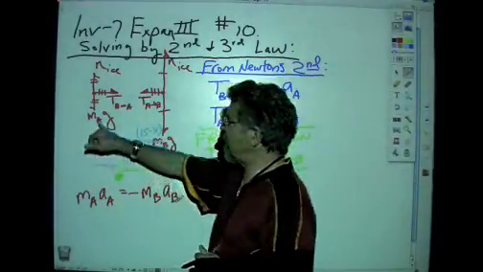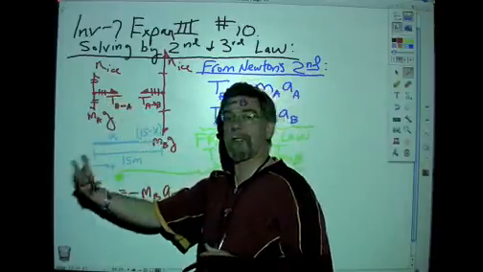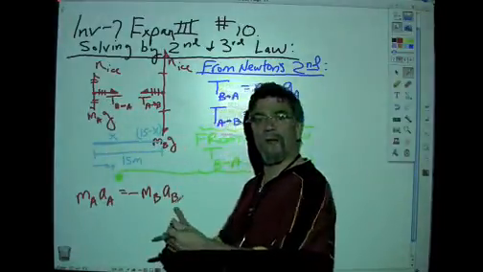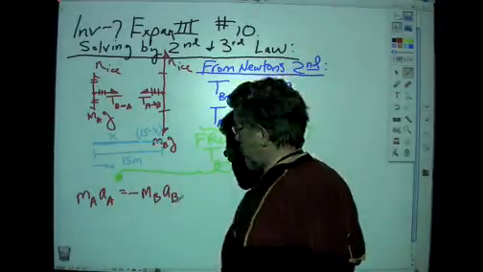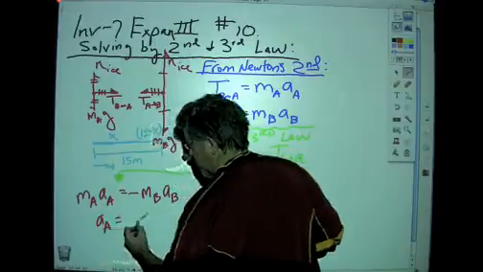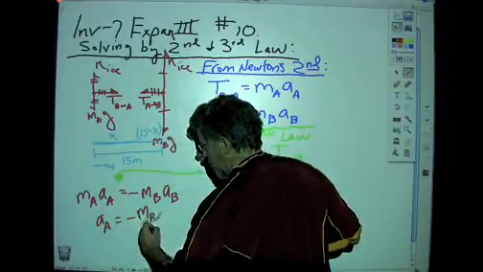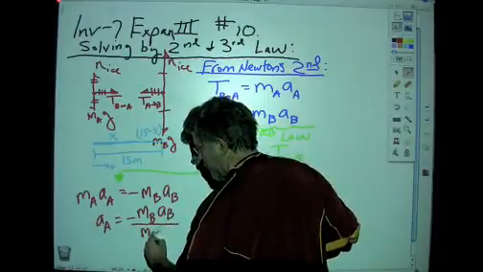I want to find the acceleration of that seal and how long it slid, then I can figure out through the orange mirror how far it slid. So the acceleration of the seal is equal to the opposite of M_B over M_A times A_B.